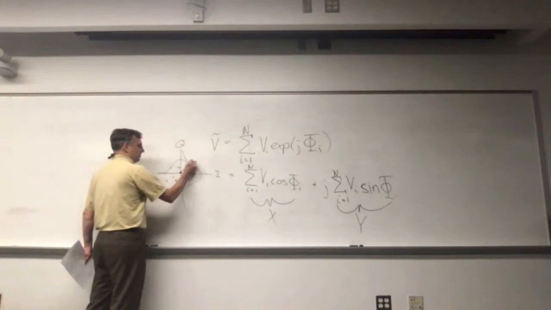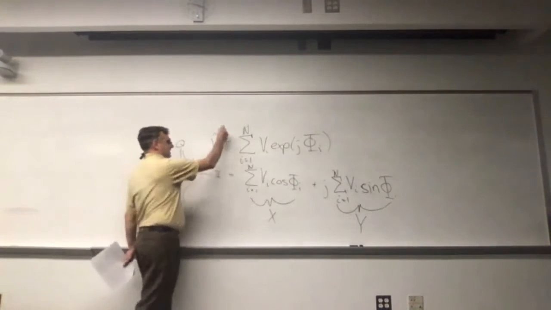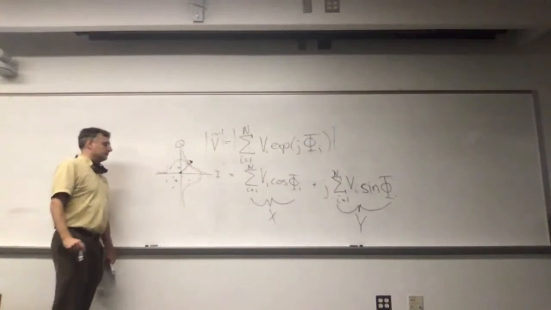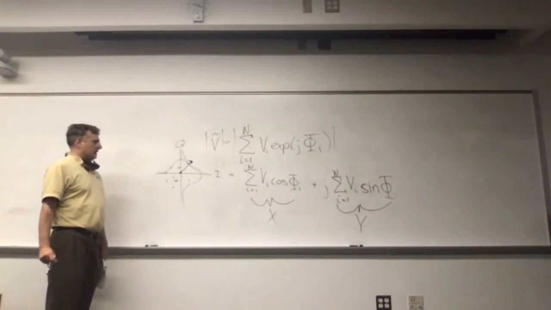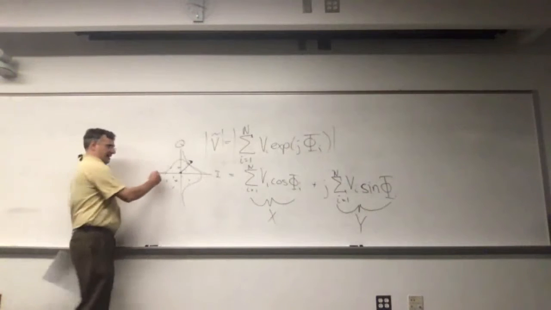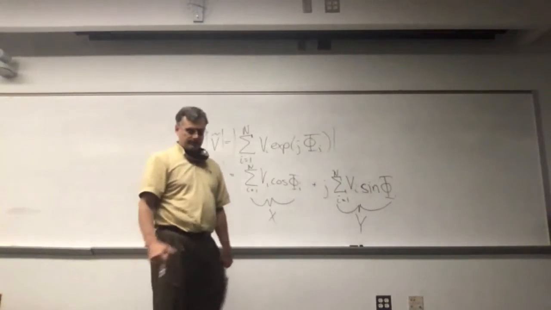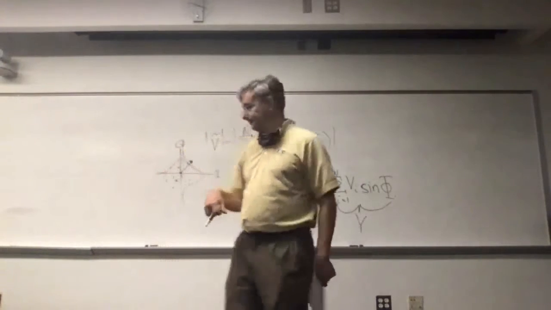Then the magnitude displacement, which is really what the envelope is, is Rayleigh distributed. X and y are Gaussian. The magnitude is Rayleigh.